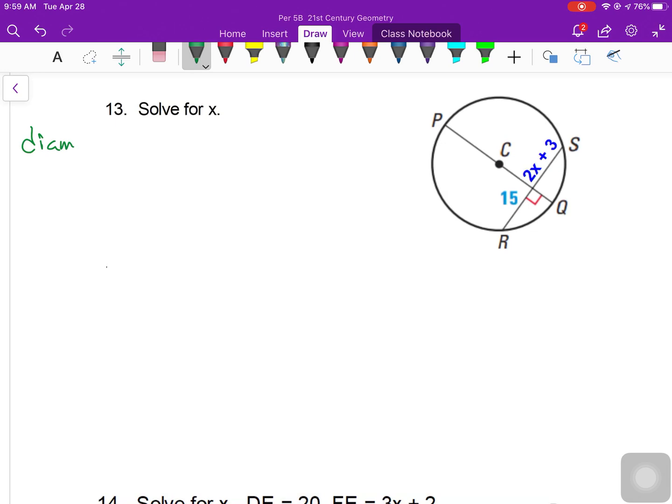Here we have another of those type of problems. We have a diameter, that would be the PQ, and it is perpendicular to a chord. And that's what this little box is telling us.